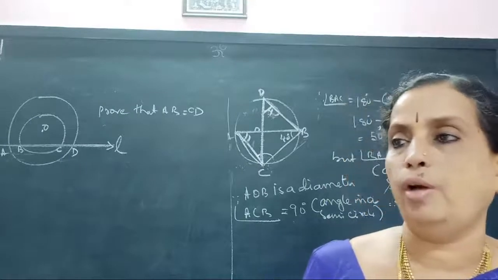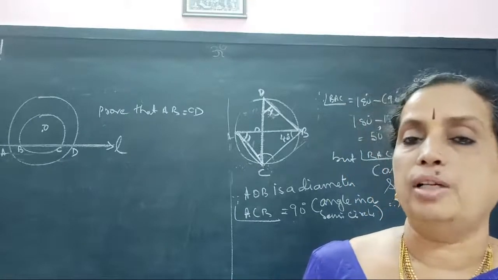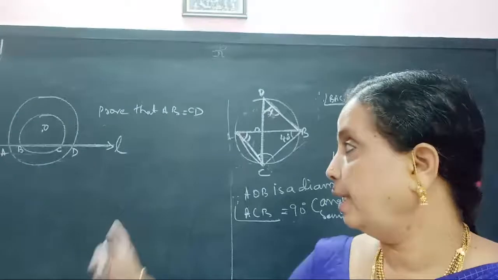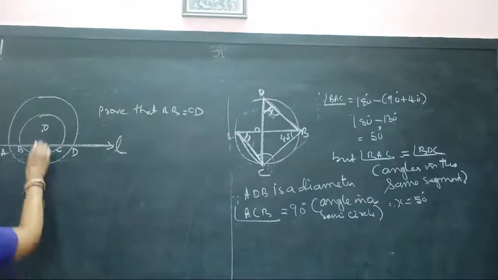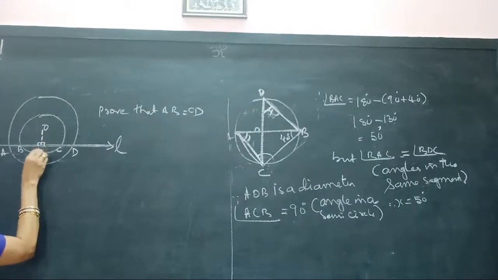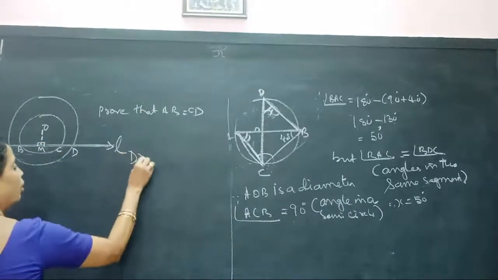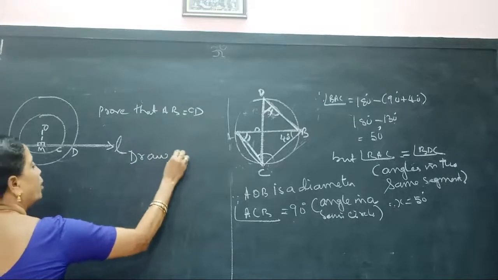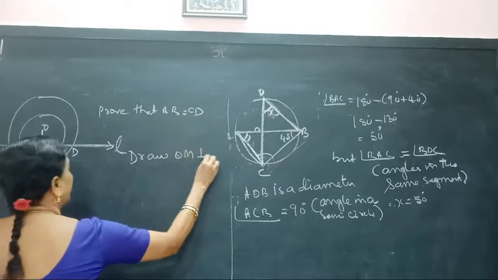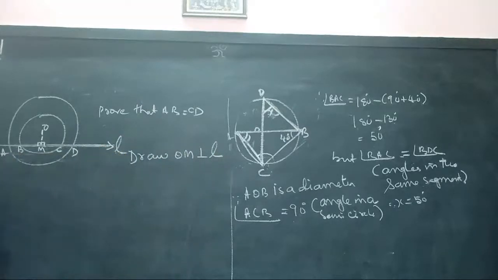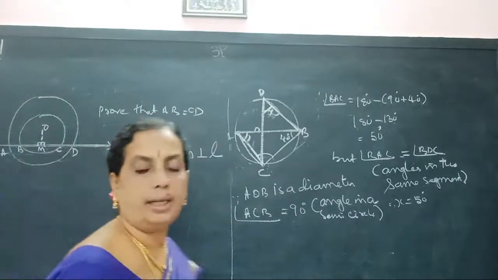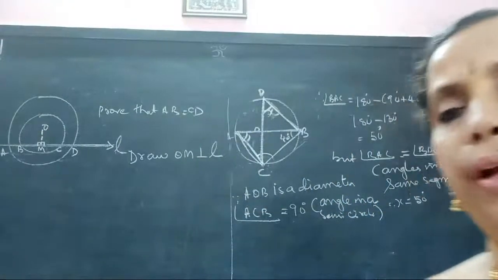Most repeated question, same type of question you will get in 10th standard circle chapter also. There we are not going to do any construction. Here we require the construction. What is the construction? Draw OM perpendicular to line L. This is the line L intersecting the circle in four different points.